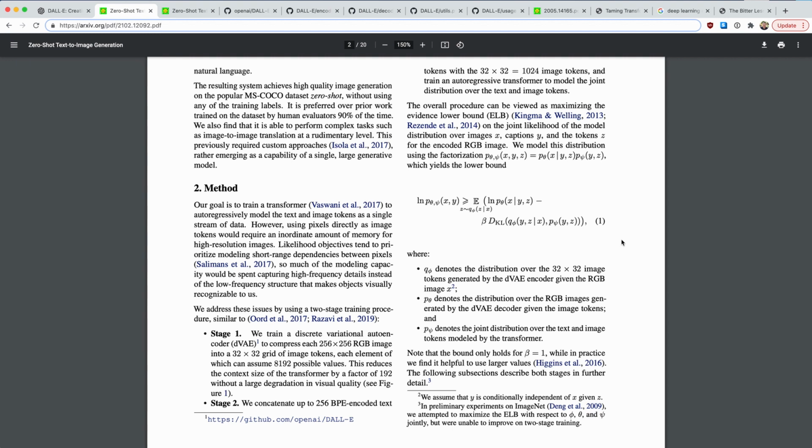Yeah, I guess that was because there's a two-stage training procedure, and for technical reasons it's tricky to formulate the ELBO properly with one part using the text and one part not using the text.